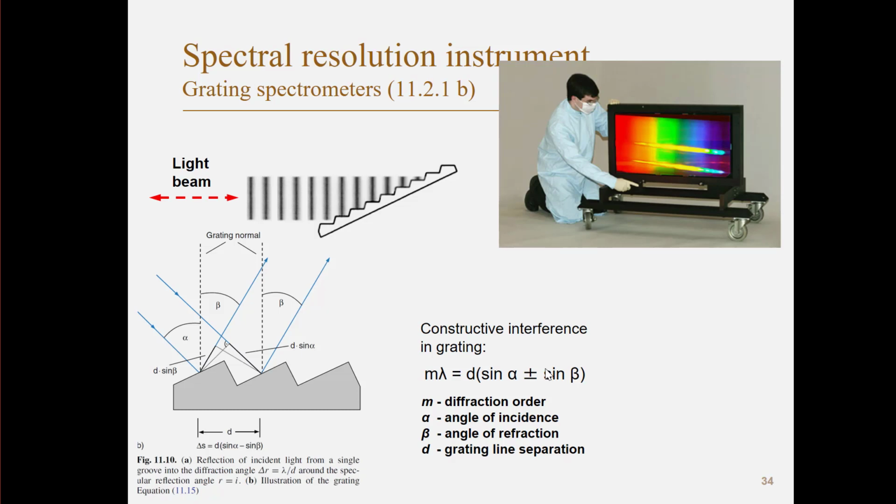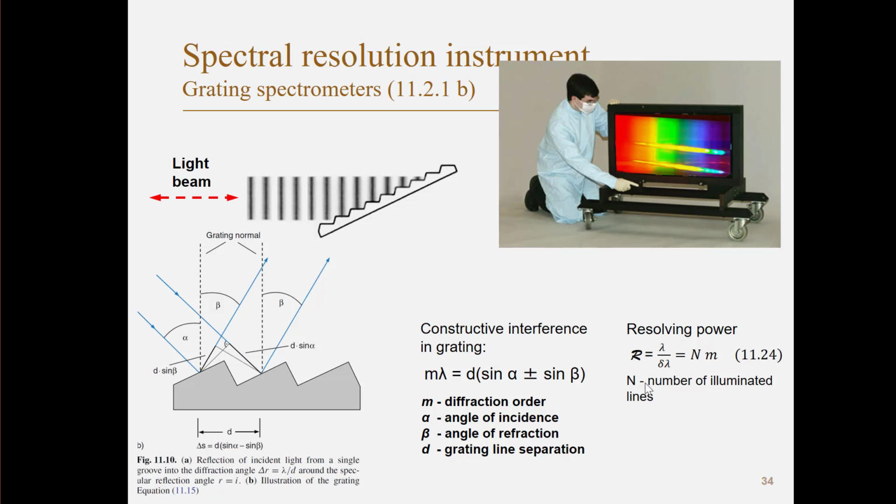Let's now look at how we use this in a spectrometer. Oh yeah, but first we should look at the ultimate resolving power for a grating spectrometer. Again, the resolving power, called R, is the wavelength over the smallest wavelength change you can see.